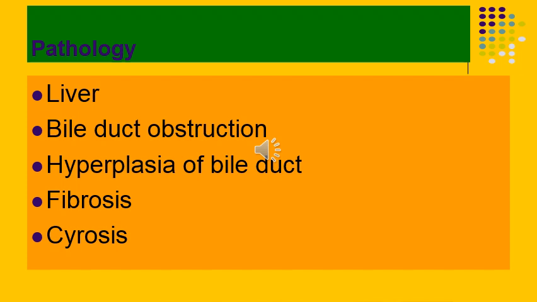But sometimes, when the number of these worms increases, we will see bile duct obstruction. Other times, we have hyperplasia of the bile duct, and after that, sometimes we can see fibrosis and also cirrhosis of the liver in people who are infected with Dicrocelium dendriticum.